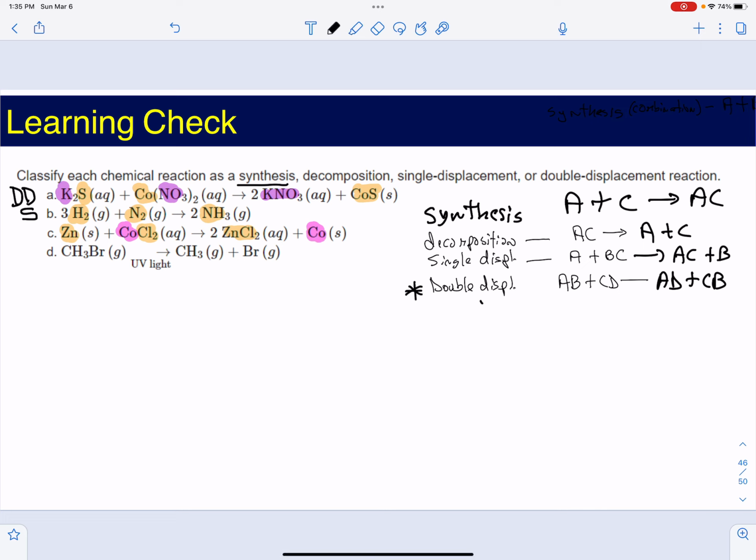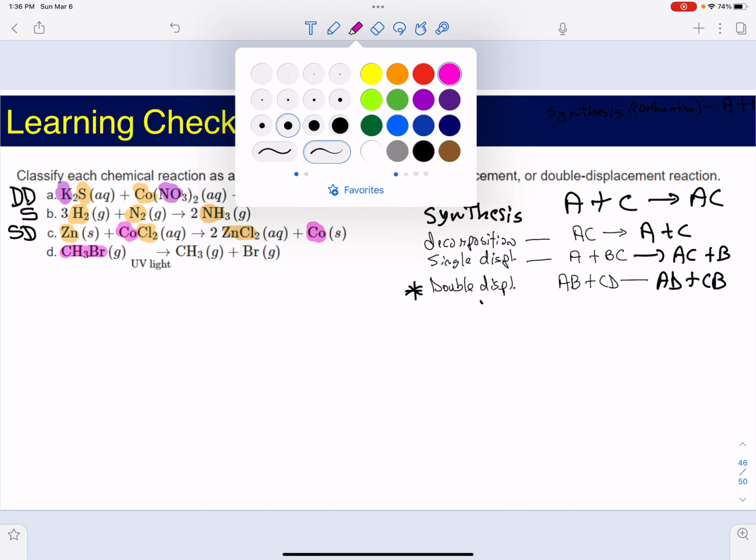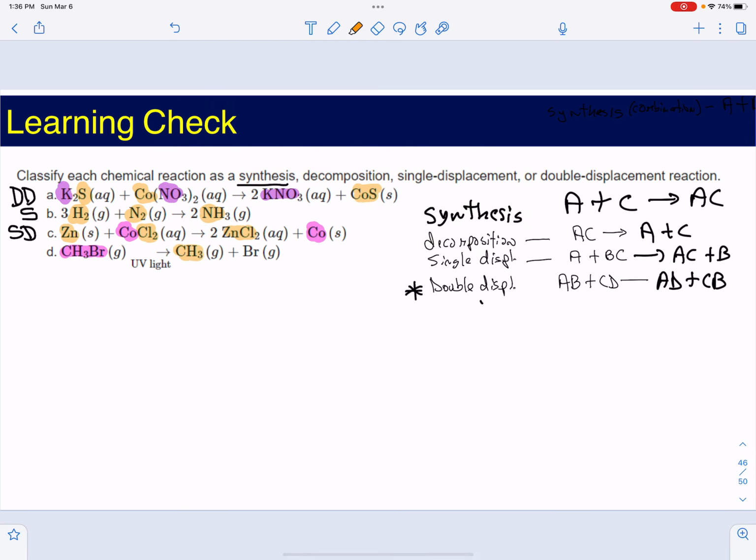So this is going to be single displacement or single replacement. And the last one is going to be where something becomes two different things. So this is going to be decomposition.